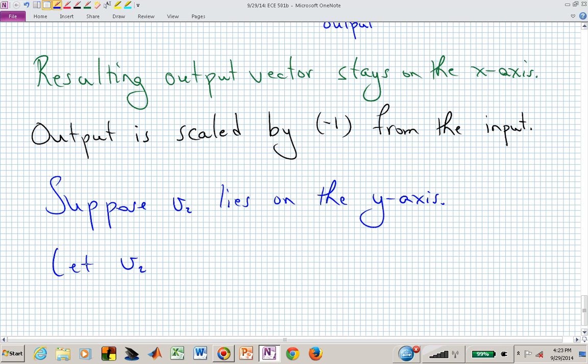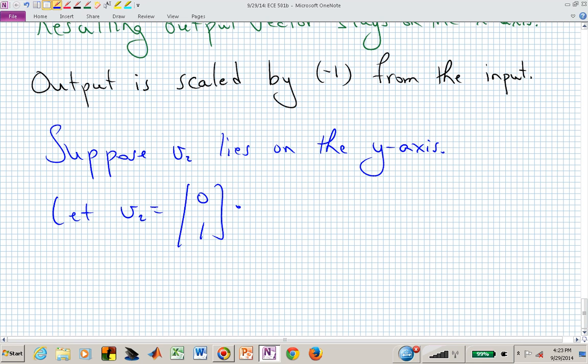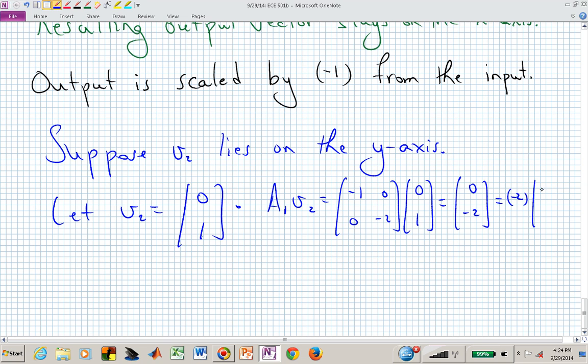We can now let v sub 2 be (0, 1), and now A1 v sub 2, using our strategy from before, is just going to pull off the second column in A1, producing (0, -2), but that's just minus 2 times v sub 2.